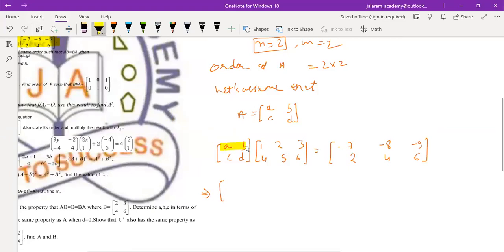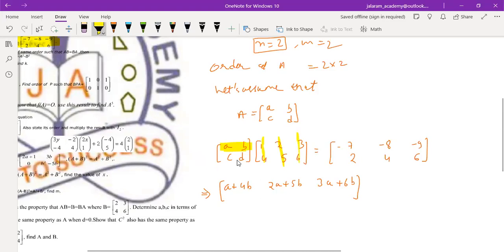It implies, multiply first row by first column. So it is a plus 4b. First row by second column, 2a plus 5b. First row by third column, 3a plus 6b.